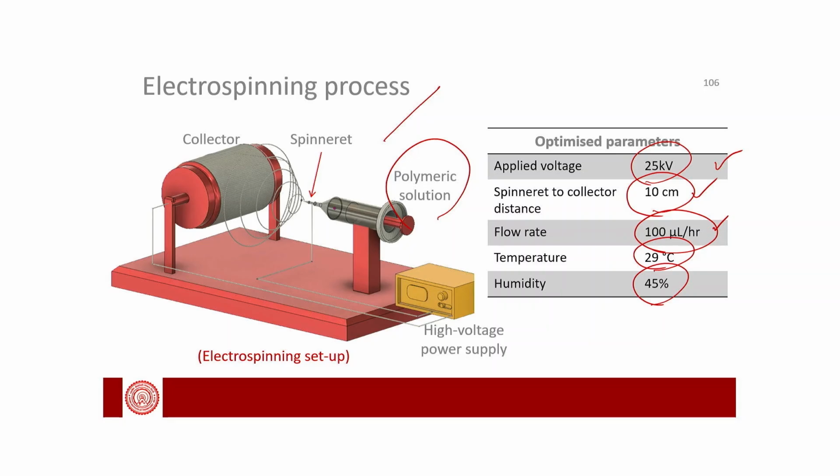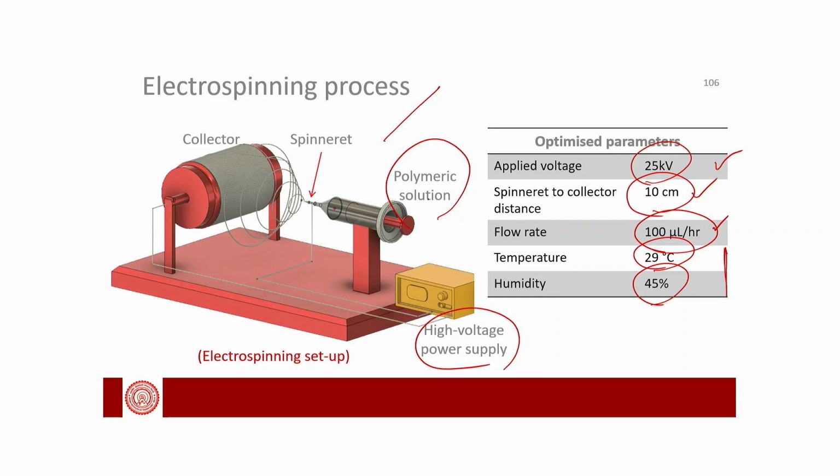So, no special control on humidity and temperature is required in this system. This is the electrospinning setup and high voltage power supply, and the process we have already discussed.